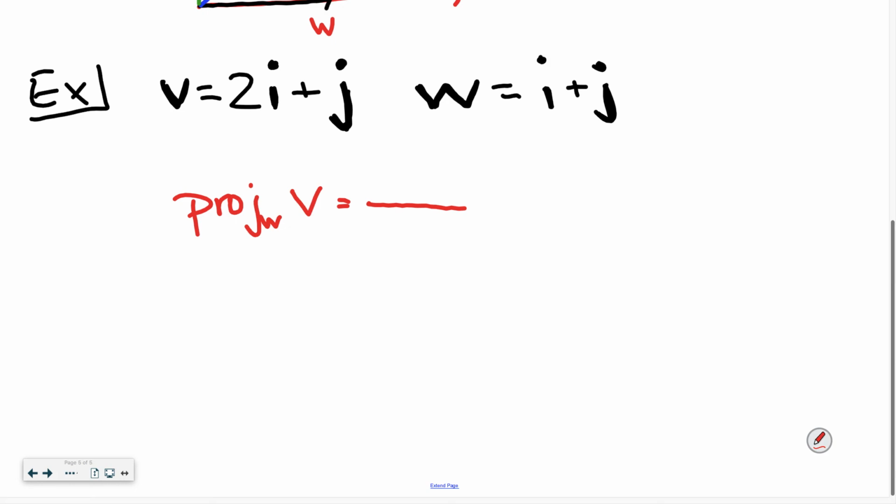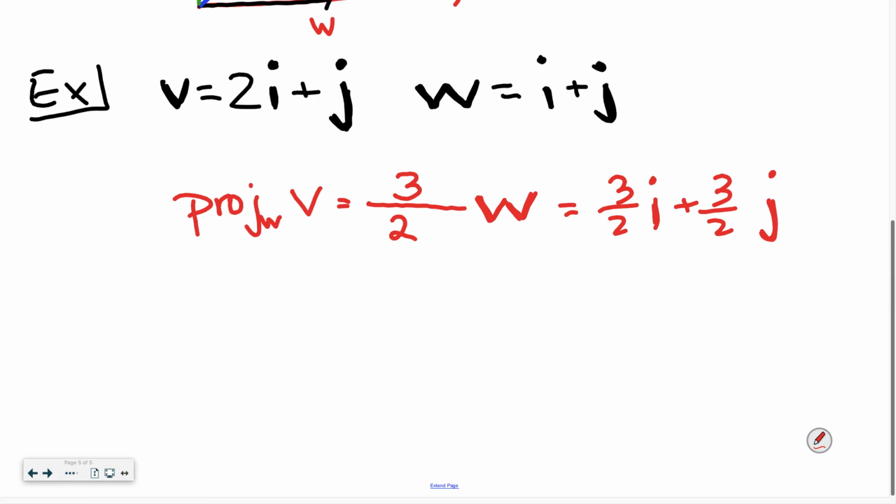That's 2. Okay, you almost had it. Then we need the magnitude of W squared. So first 2 times vector W. So we have 3 halves I plus 3 halves J.